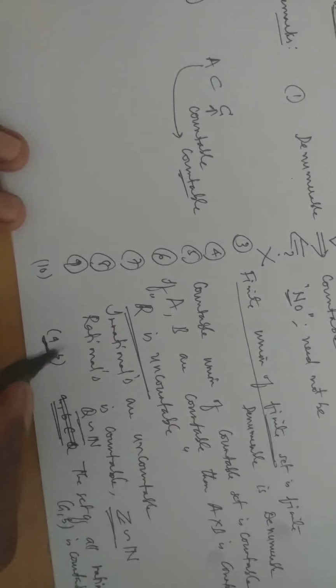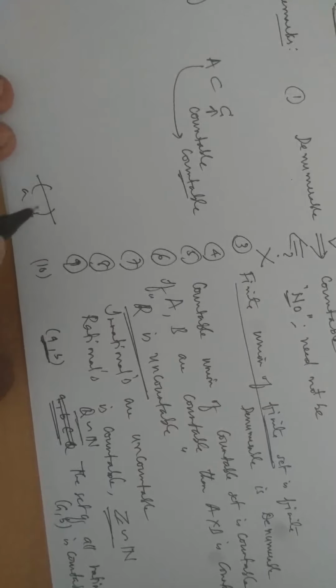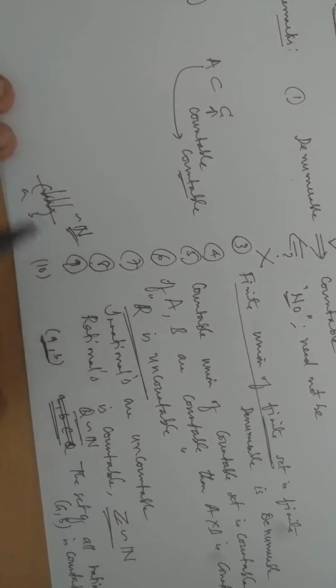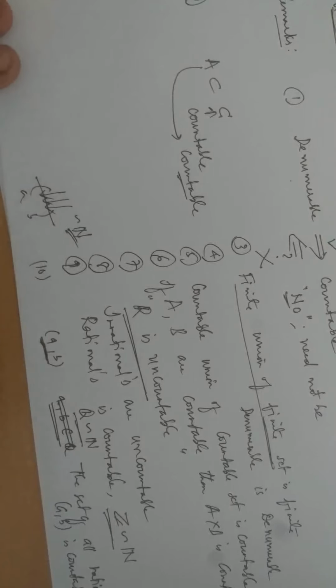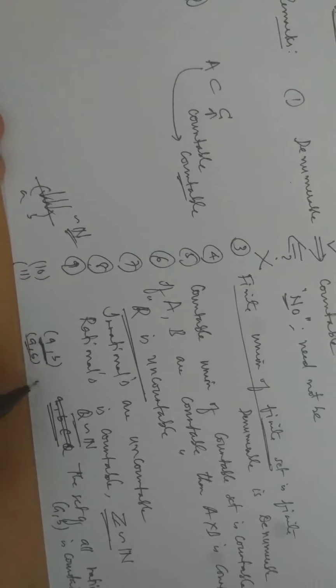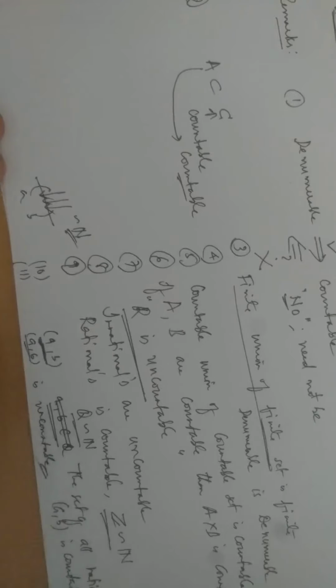If you take this open interval AB, and if you think about how many rationals are there, it is equivalent to N. Is it clear? Similarly, the set of all irrationals in this open interval is uncountable. The set of all rationals will be countable, the set of irrationals will be uncountable. Keep these things in mind.